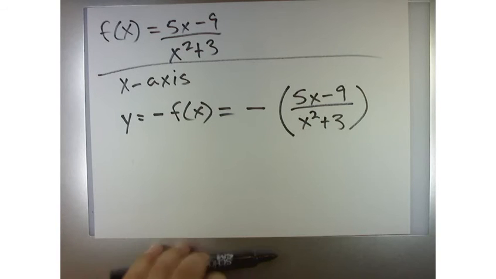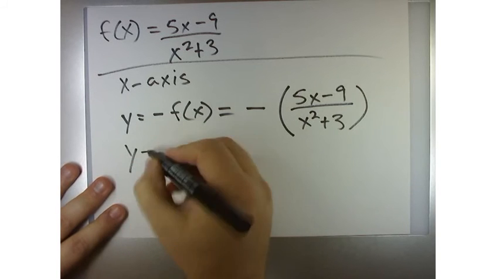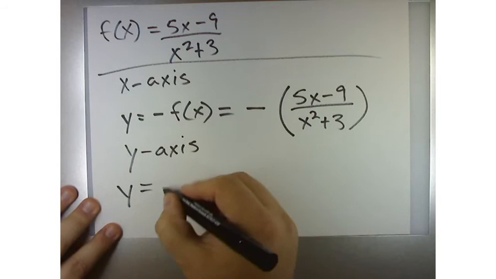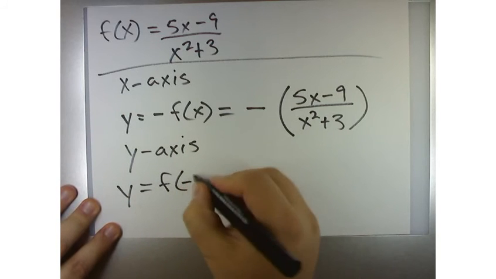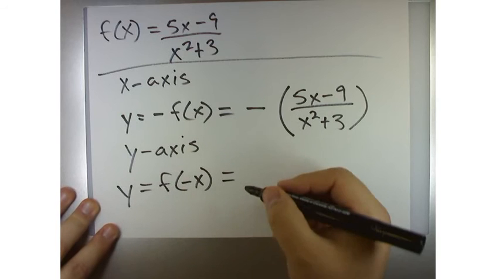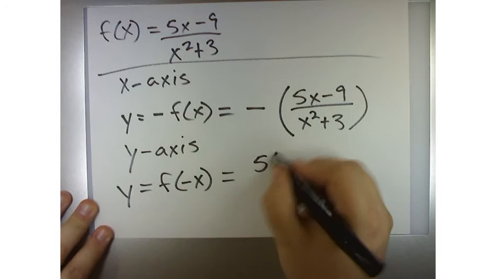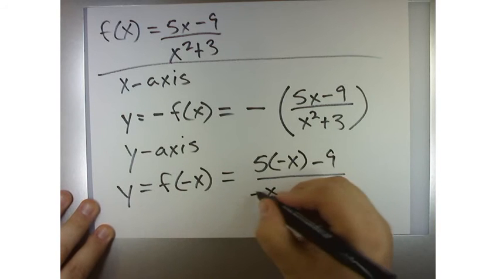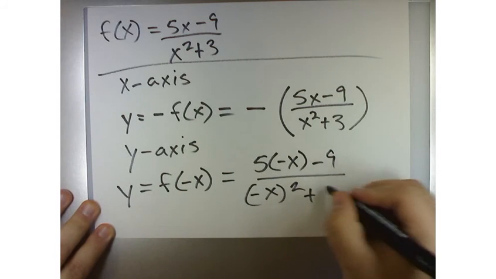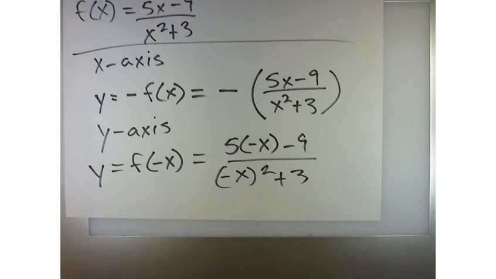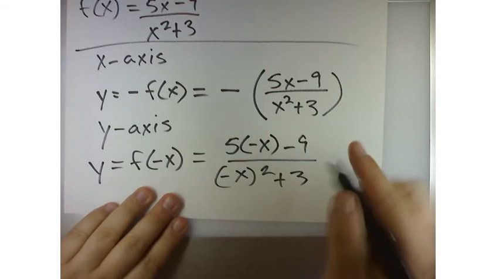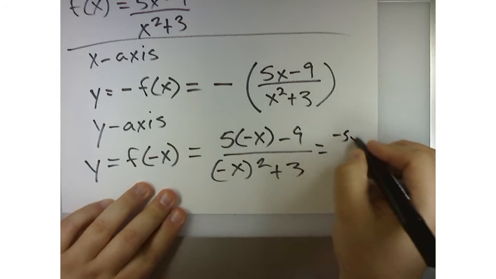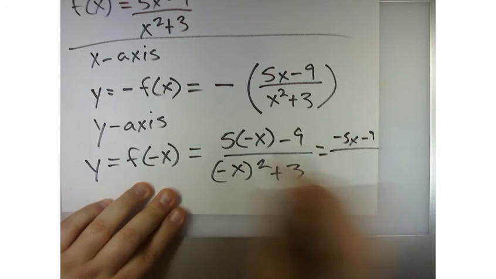Now to reflect over the y-axis, I said that it would have to be f of negative x. So what I would do there is wherever there is an x in the equation, I would put negative x. Okay? And then of course you could expand, and so that would give me like -5x minus 9. In other words, push the negative signs through.